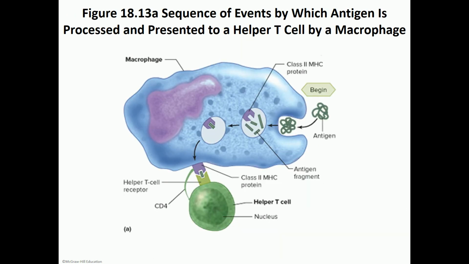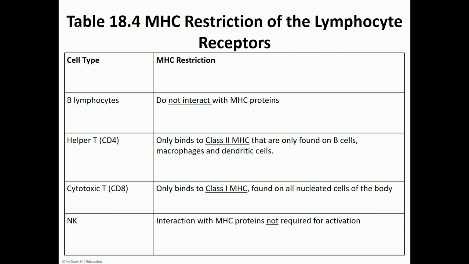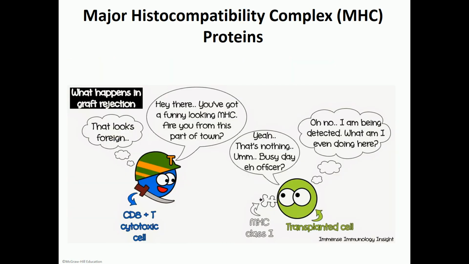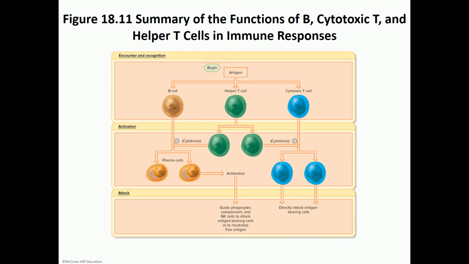So we will take a look at how, remember, that helper T cell needs an antigen presenting cell to present the antigen to it. So I'm just going to take you back some slides where we encounter and recognize the antigen.